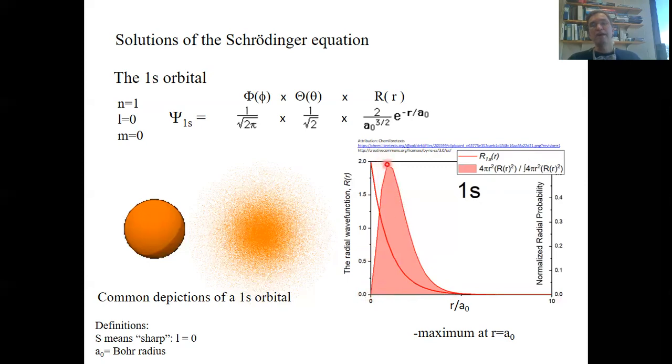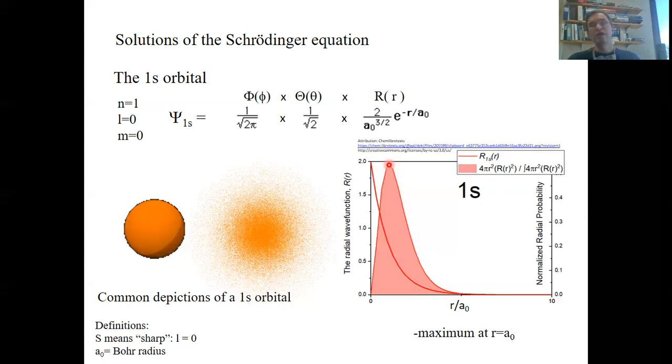And then the radius, which is represented by this maximum, is basically the radius at which the probability to find the electron is the greatest. Okay, so now it's interesting to look at what that radius actually is. And that radius here is exactly the Bohr radius.